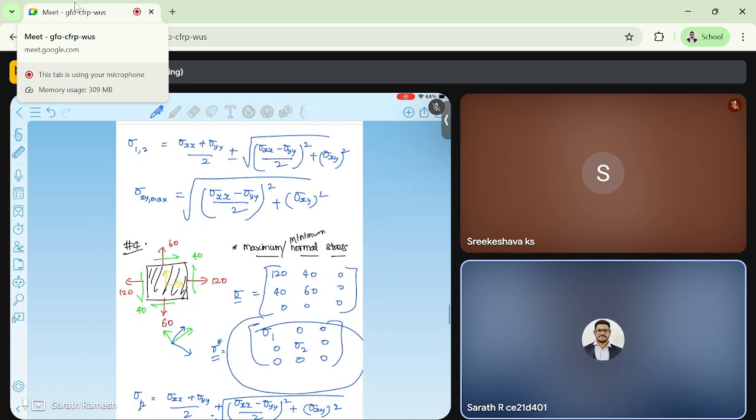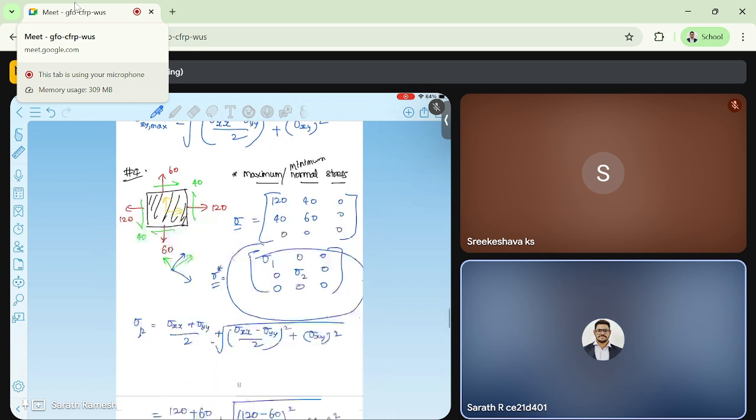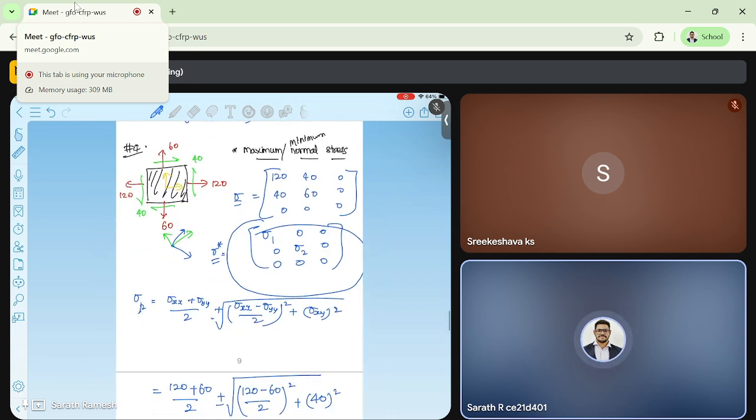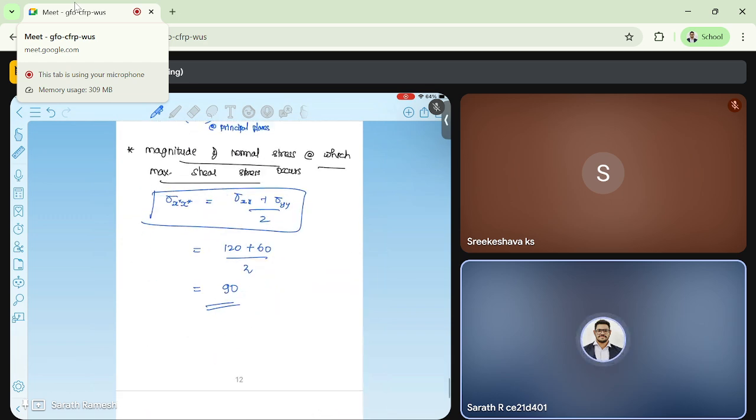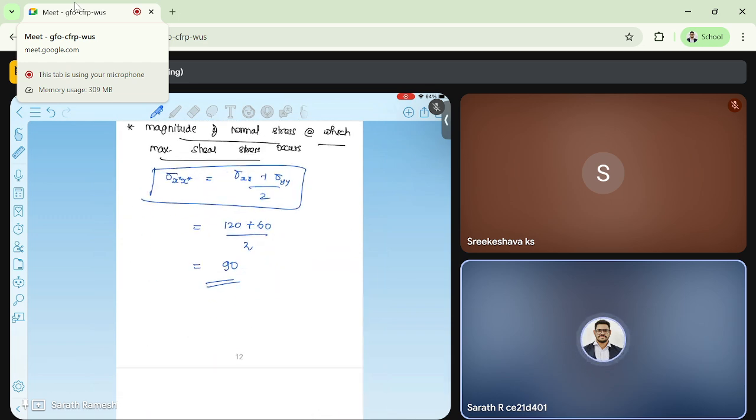So we can simply say determinant is 0, hence it is a plane state of stress. Okay. If trace is 0, it's pure shear. And if it is only along one axis, it's uniaxial state of stress. Fine.